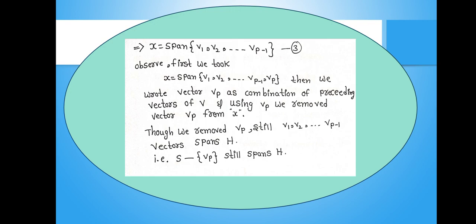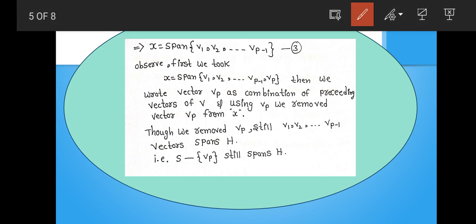See here, at the start we wrote H is equal to the span of v1, v2 up to vp. Though we removed vp using its preceding vectors, H is still equal to the span of v1, v2 up to vp minus 1.